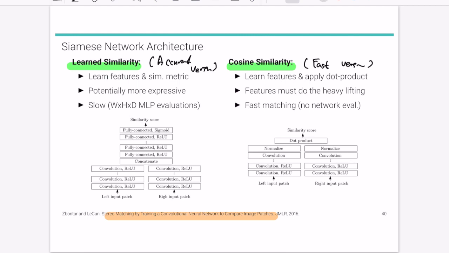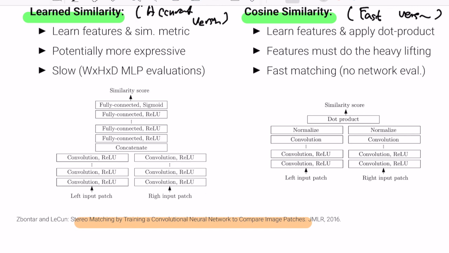Anyway, in the first case, when we have the left patch and right patch, they may be corresponding or not. So this is going to be a binary classification problem.